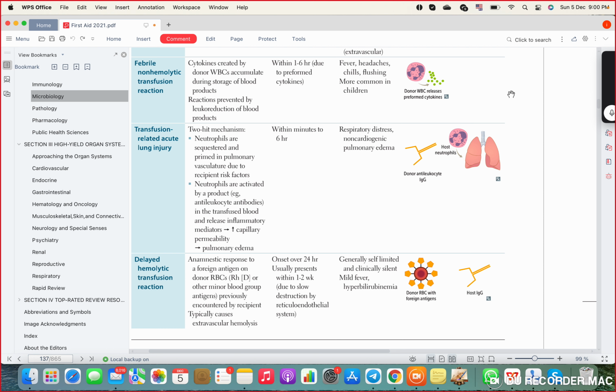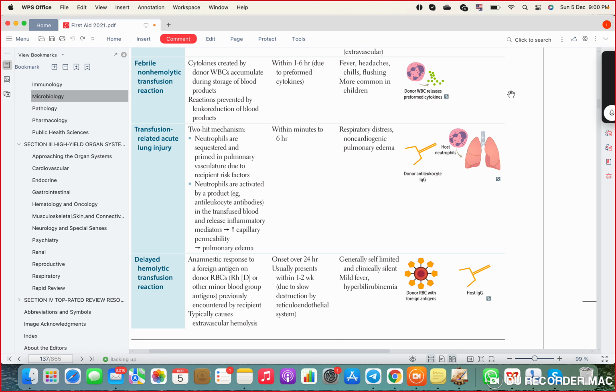Yeah, no. So about TRALI, doc. When they form any anti-leukocyte antibodies against the blood products, there will be pulmonary edema, doc, actually.